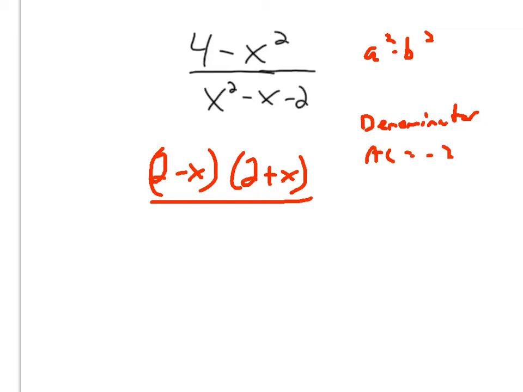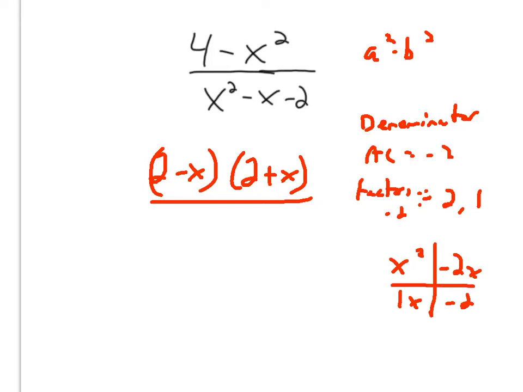Now the factors of negative 2 that add up to negative 1 would be negative 2 times positive 1. So again, we use the box method. We can do x squared minus 2x plus 1x minus 2 to factor this out.